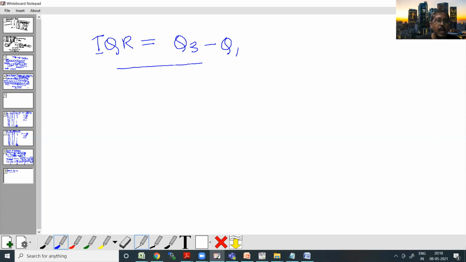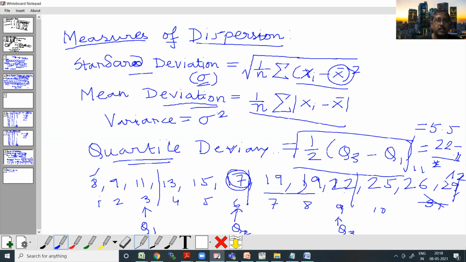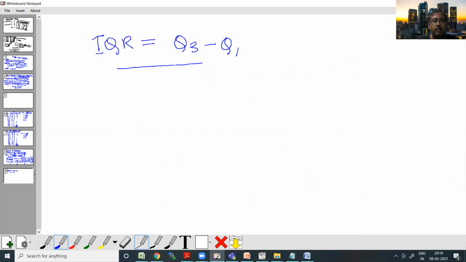So this is all about the different measures of dispersion. The first one is the standard deviation, and the square of the standard deviation we call variance. The second one is the mean deviation, and the third one is the quartile deviation. These are the three most standard measures of dispersion that we generally use in machine learning.